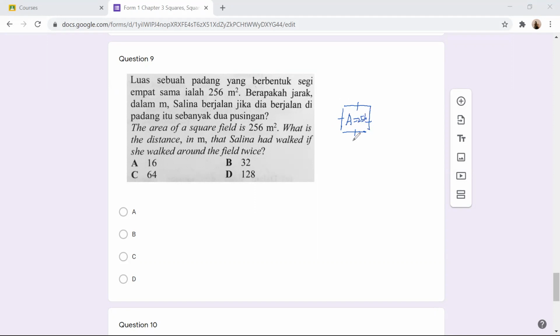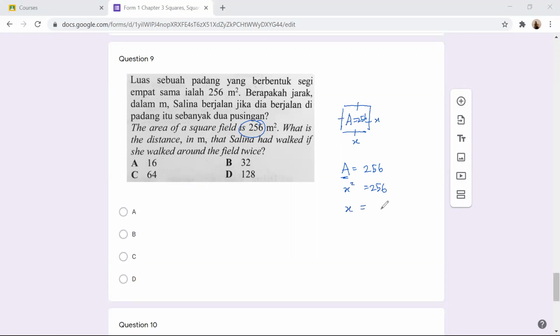And we know that for a square, the side we can just use x to represent. So from the given information, A equals 256, by our own calculation, the A we can replace with x squared, which equals 256. Therefore, we can easily find our x.